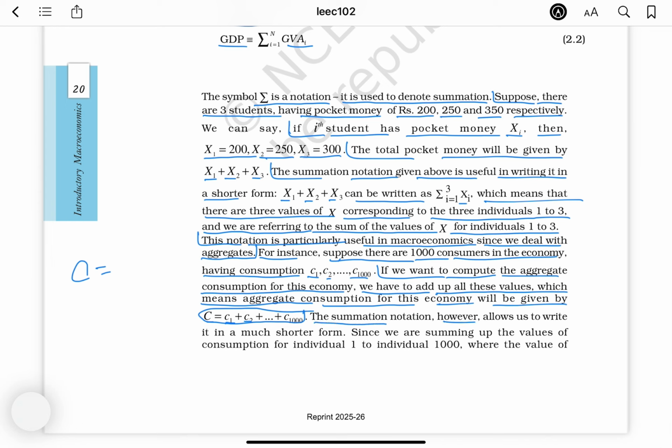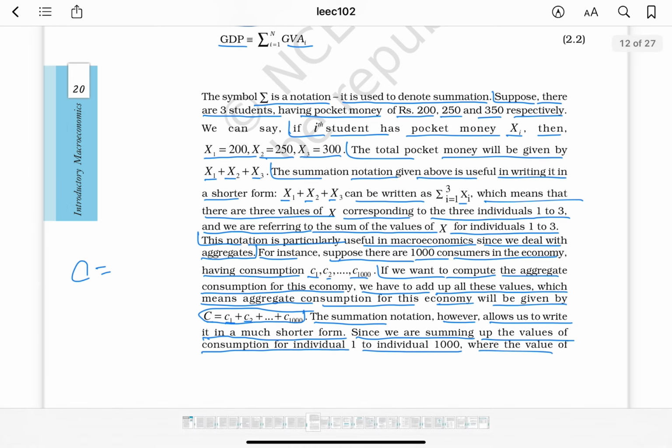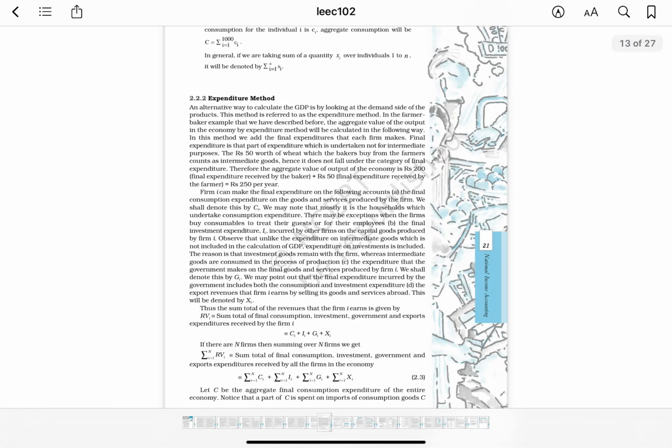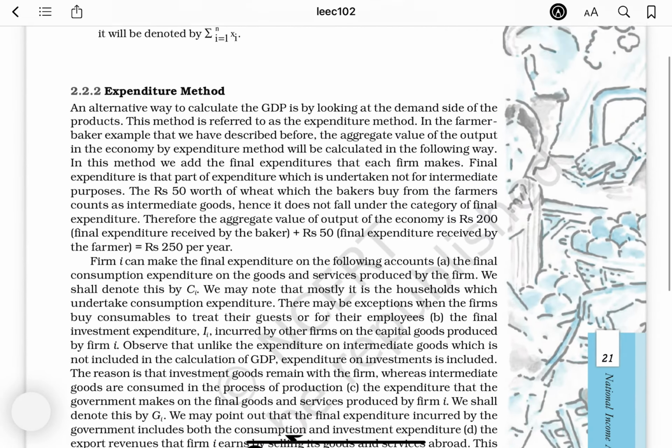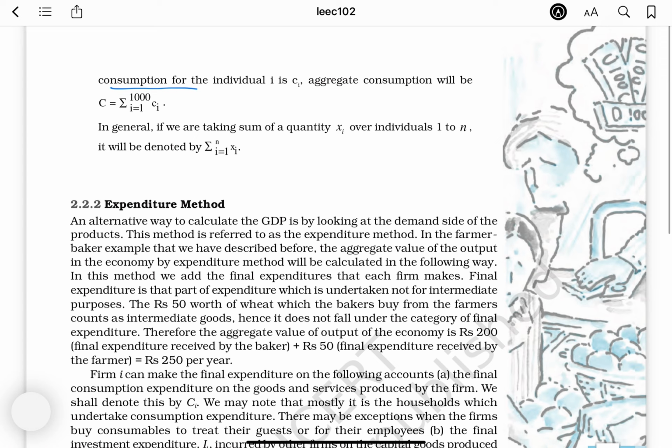The summation notation, however, allows us to write it in a much shorter form, since we are summing up the values of consumption for individual 1 to individual 1000, where the value of consumption for the individual i is Ci.